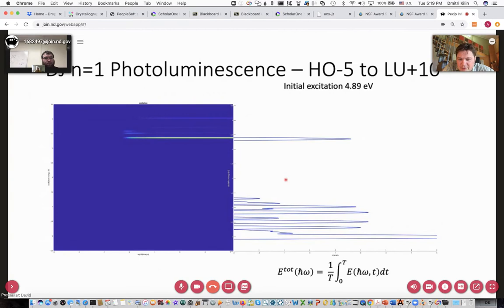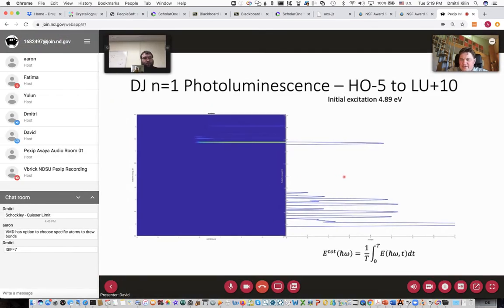I'm happy with this explanation. I don't know if it is absolutely correct, but it's correct for me. And yes, I'm not completely positive that that's not some type of error that I just haven't figured out yet. So please let's check with Aaron, Yulun, and Fatima if this interpretation sounds legitimate.